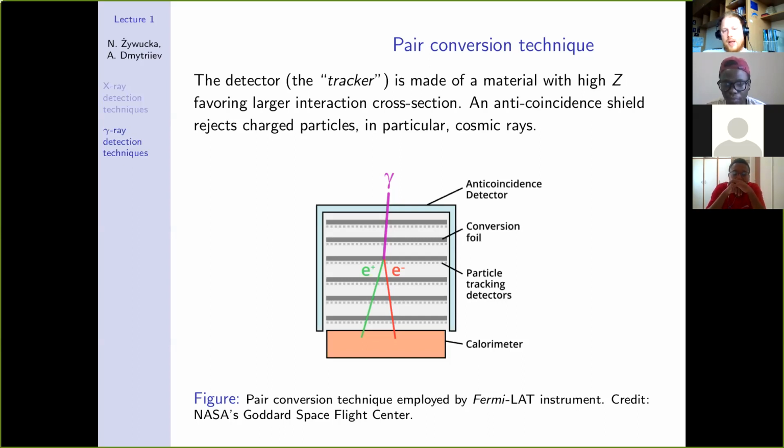And so the particle shower will be going directly through these layers, and these layers are equipped with tracking detectors. Each time the electron and positron hit a layer, electronics are triggered and read out, so you can track each time it traverses a layer.